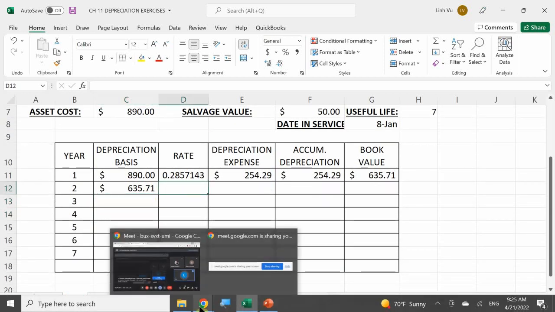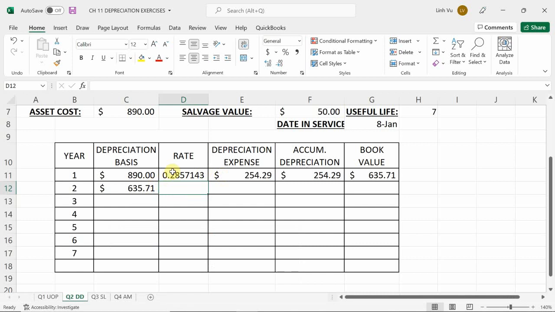What's my rate? The rate is going to be the same. Good.